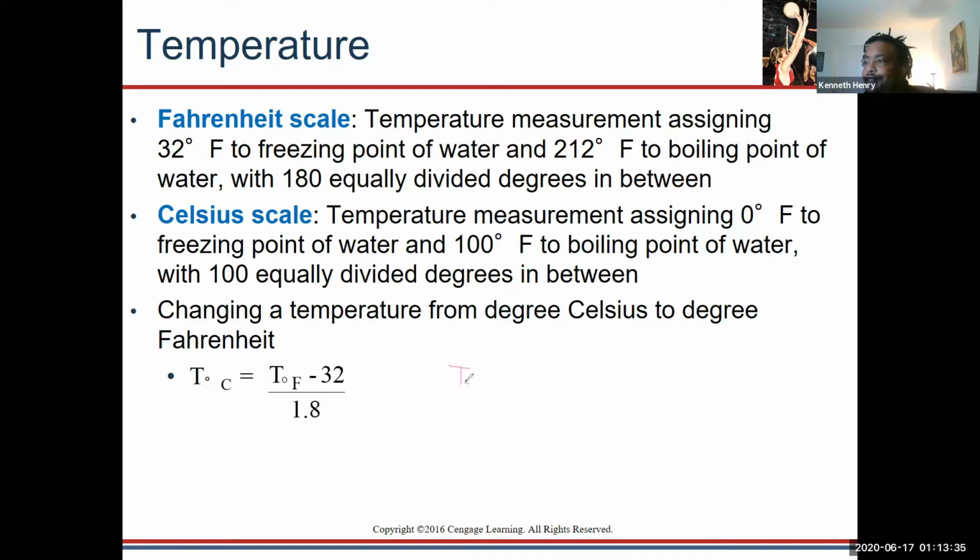T Fahrenheit is going to be equal to what? Wait, we're changing the equation first.